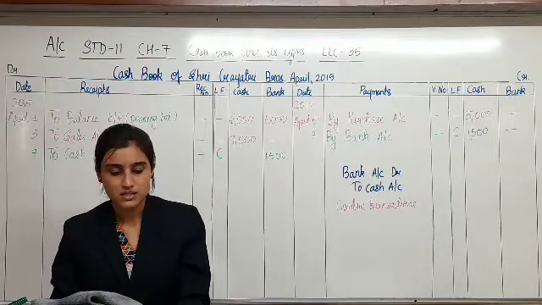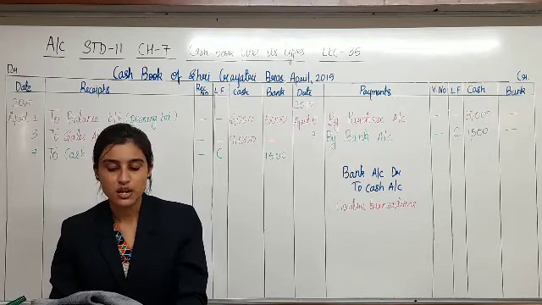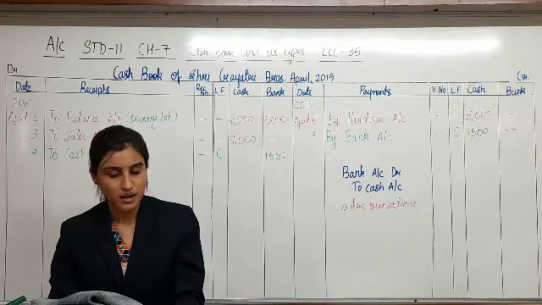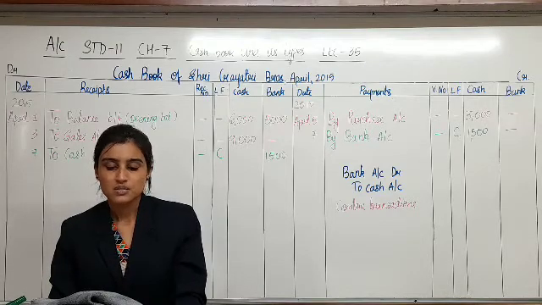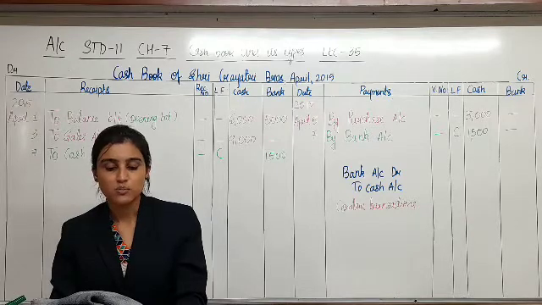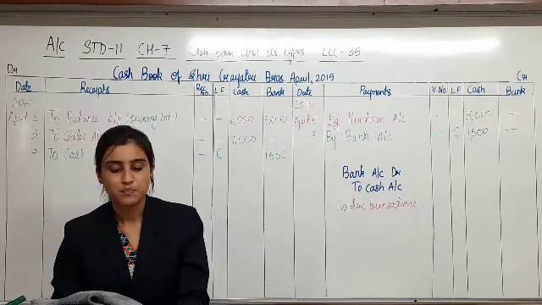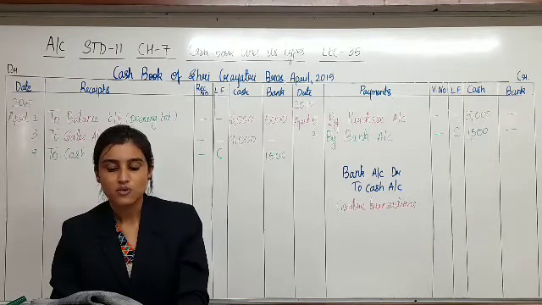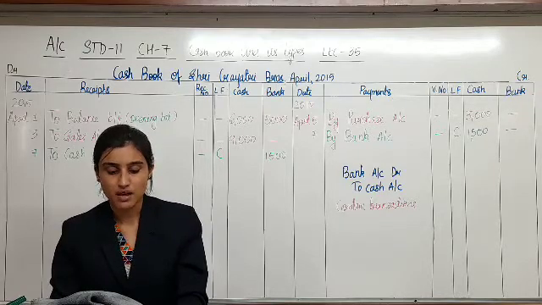Okay? Next, we have seen that such cash and bank columnar cash book serves the purpose of cash account and bank account. Thus, when such cash book is maintained, cash and bank accounts are not required to be opened separately. Contra transaction affects only cash and bank account.